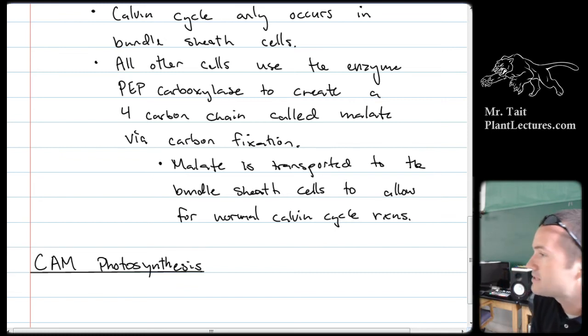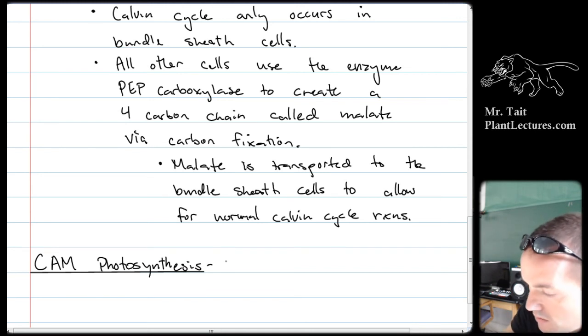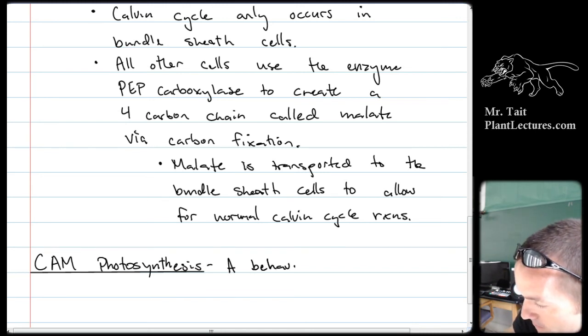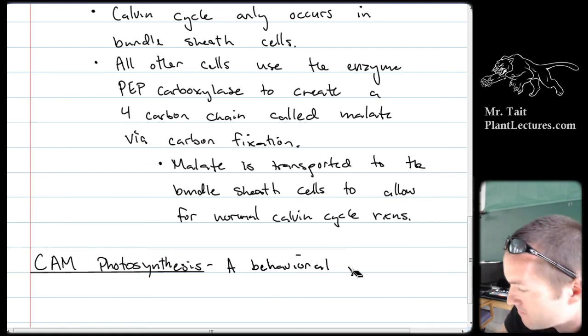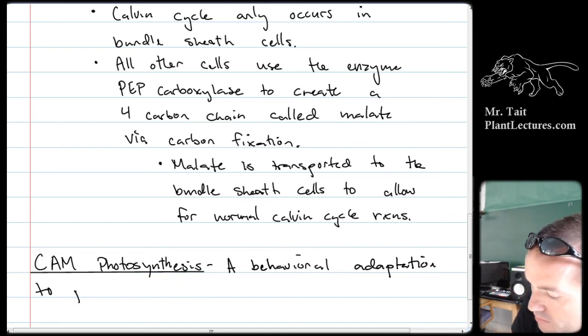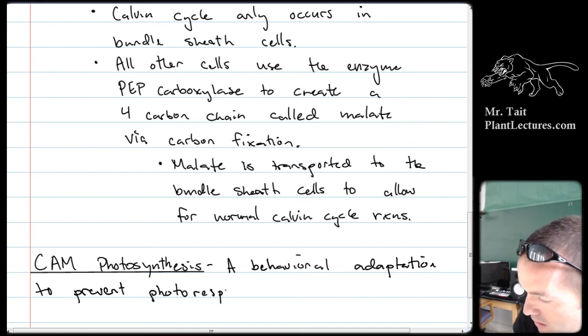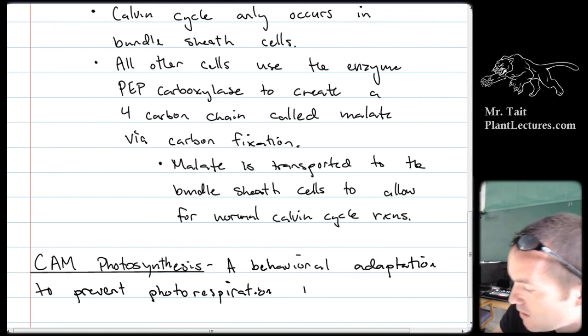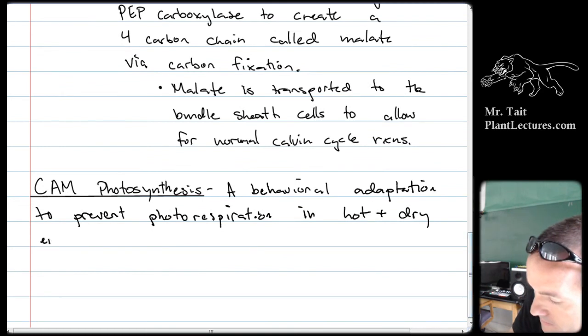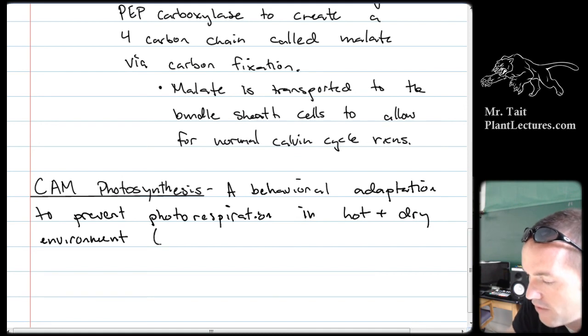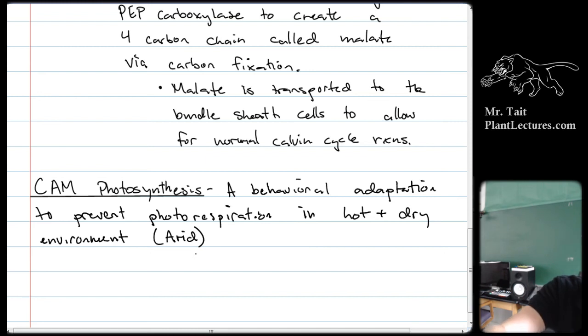And so this is more of a behavioral adaptation to prevent photorespiration in hot, dry environments. And the term that you're going to see used to describe hot, dry environments is the term arid. Okay, if it says arid, it means hot and dry.